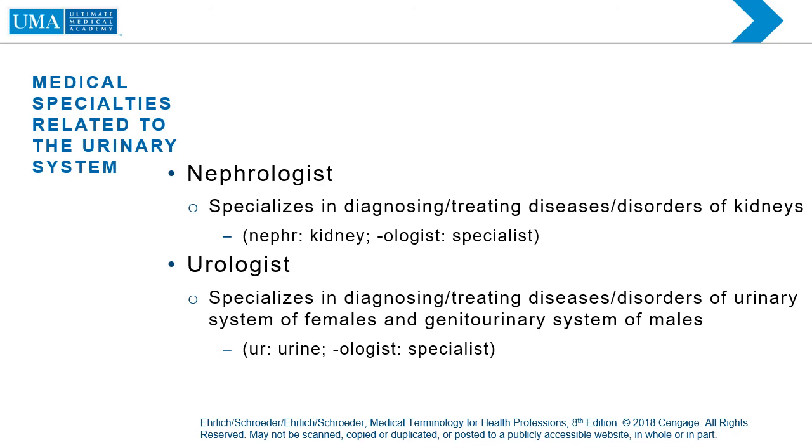The next specialist we have would be a urologist, a physician who specializes in diagnosing and treating diseases and disorders of the urinary system of females as well as the genitourinary system of males. The ur means urine and the ologist means specialist. Put those terms together, we have a urologist, a specialist in the study of the urinary system.